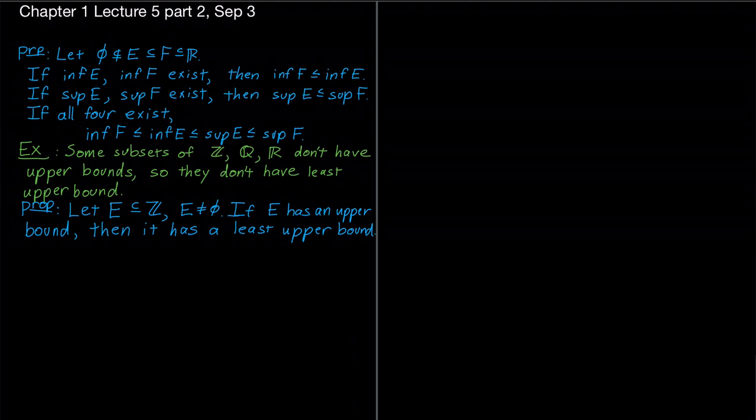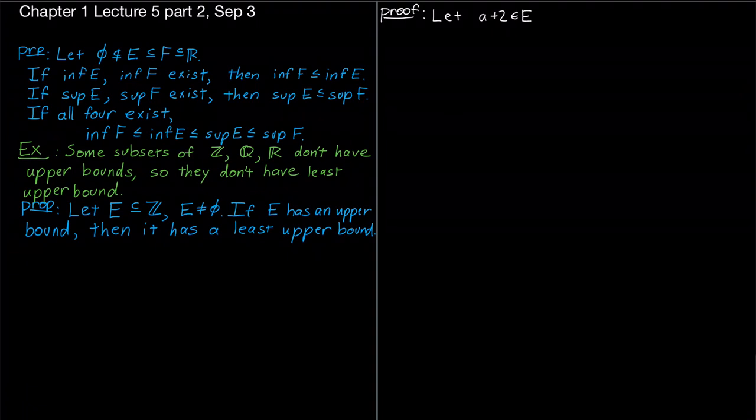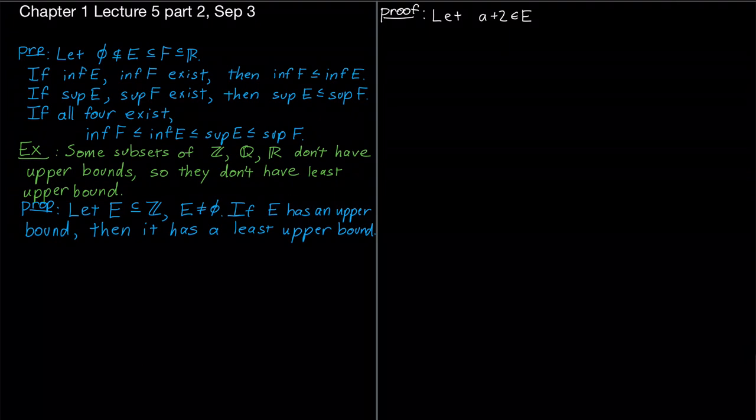And the proof of this is pretty straightforward. So we're going to let A plus 2 be in E. Our set E is not empty, so it has some element, and for technical reasons, we're going to go ahead and name that element A plus 2.